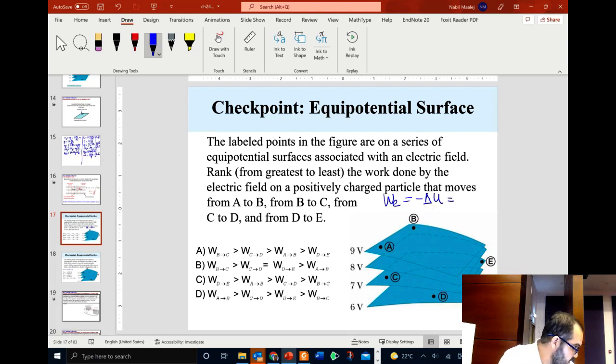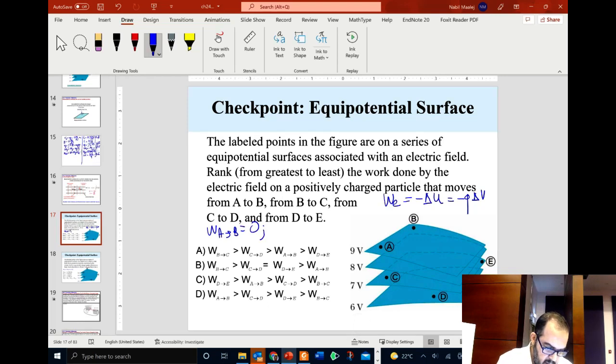It's minus Q delta V. All right, so let's do each one of them. So let's do W from A to B. What's delta V for A to B? They are on the same surface, so delta V is 0. So this is 0.